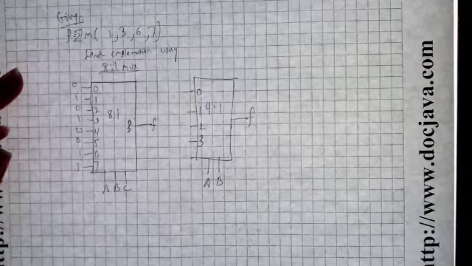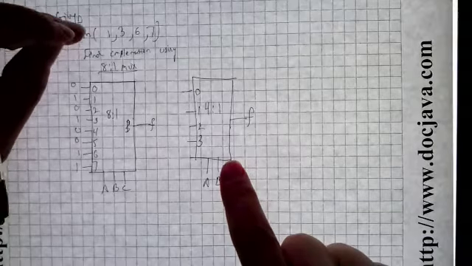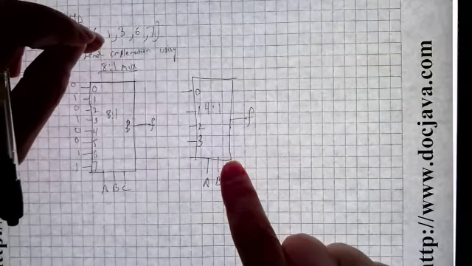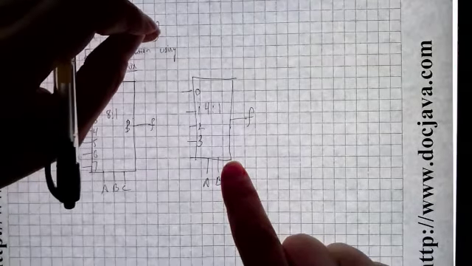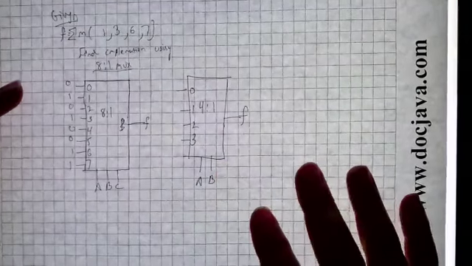Any ideas, Alexa? Andrew, how about Andrew? Sorry, could you just repeat the question? Sure. So given the canonical sum of products in shorthand notation 1, 3, 6, 7, find an implementation using a 4-to-1 multiplexer. What should I do?